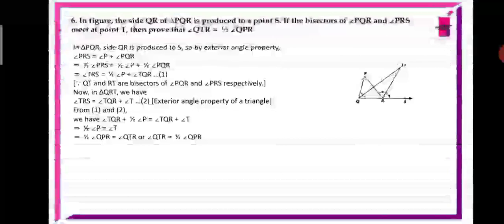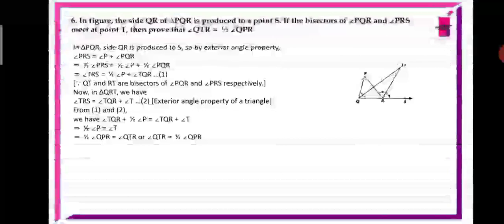This is equation 1. Now in triangle QRT we have one more exterior angle property: the exterior angle is equal to the sum of the two interior opposite angles. So angle TRS equals angle TQR plus angle T. From equations 1 and 2, the LHS is TRS in both, so we equate the RHS.